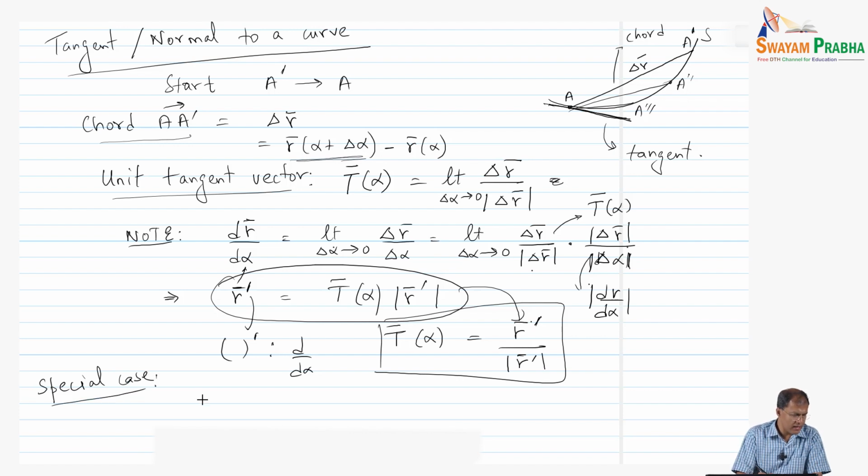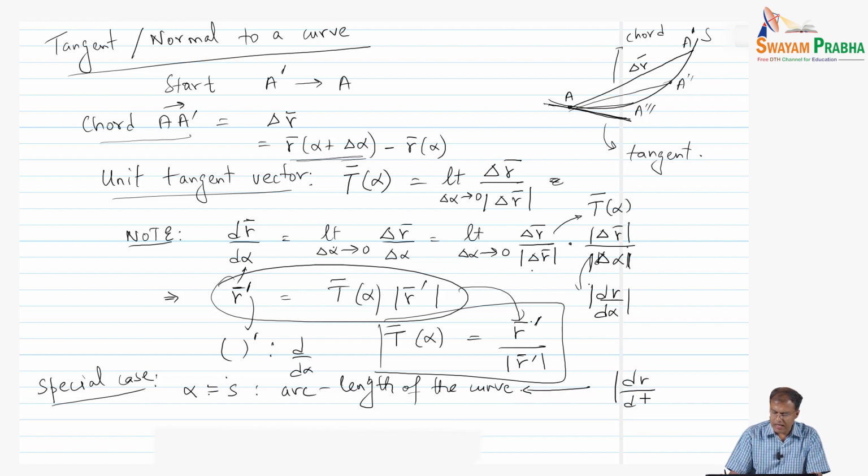So suppose my parameter alpha is S, which is the arc length of the curve, right? So we see that in this case dR dS, the parameter now is S, is nothing but limit delta S going to 0 of delta R by delta S. But notice that the magnitude of delta R is the length of the curve from point A prime to A. It is the length of the curve.